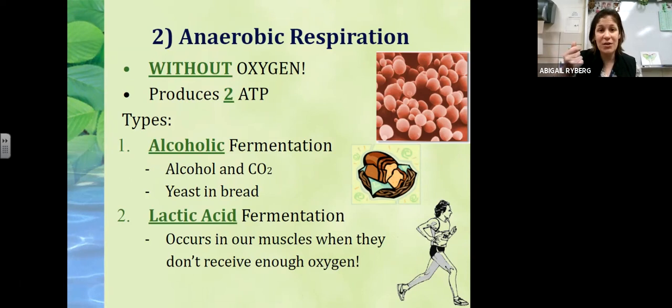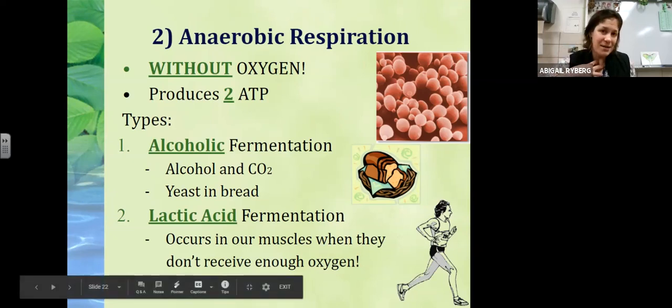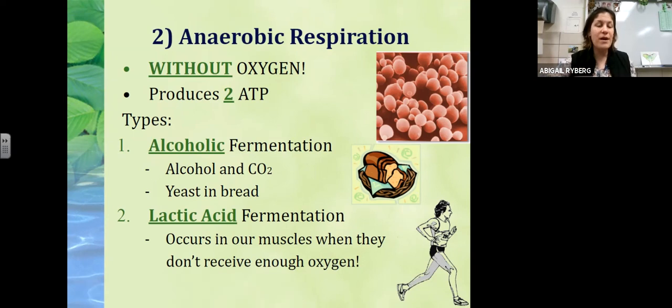So they switch gears, desperate to try to make any energy for your cell. They switch gears to anaerobic. In our bodies, this is called lactic acid fermentation. And one of the products is literally lactic acid.